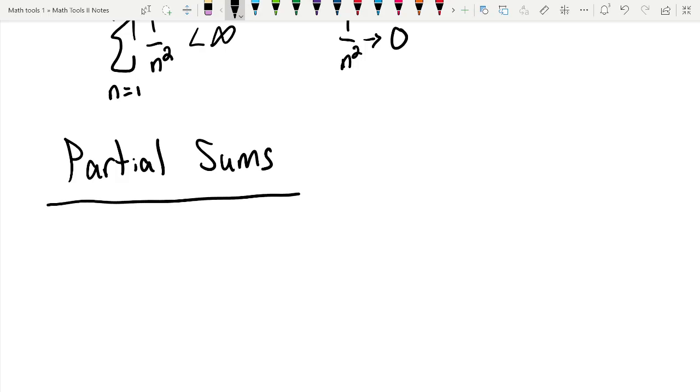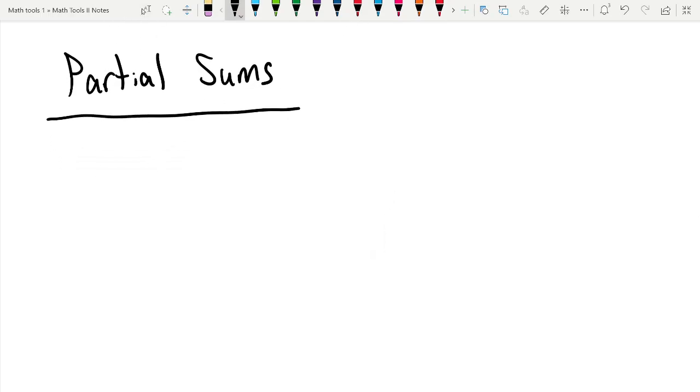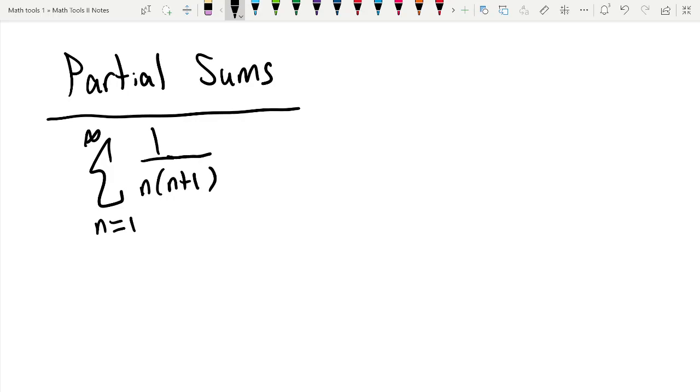So let's take, as an example here, the sum from n equals 1 to infinity of 1 over n times n plus 1.